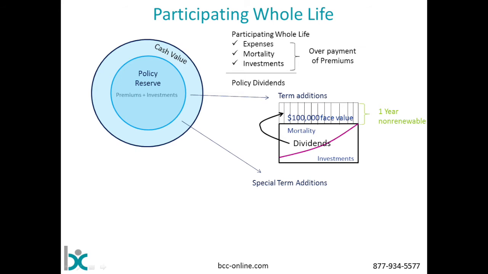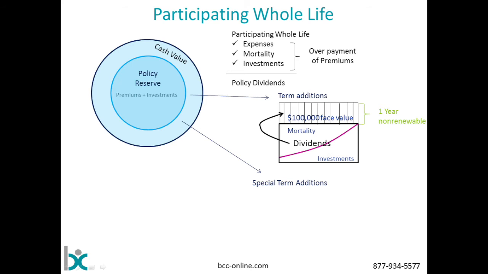You might recall from my discussion a few minutes ago that if you buy a $100,000 whole life insurance policy, then it's always going to be a $100,000 death benefit. But at the same time, you are building this cash surrender value. Well, some people look at that and say, you know what, that's not really fair. If I die with $50,000 of cash surrender value, my death benefit's still only $100,000.